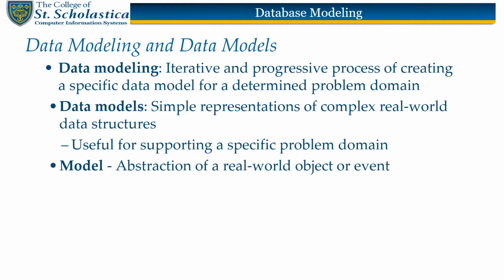A data model is a relatively simple representation, usually graphical, of more complex real-world data structures. In general terms, a model is an abstraction of a more complex real-world object or event. A model's main function is to help you understand the complexities of the real-world environment.